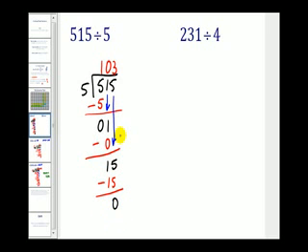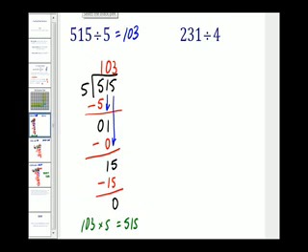And since the remainder is equal to 0, that means 5 divides evenly into 515, and the quotient is 103. To relate this to multiplication, if 515 divided by 5 equals 103, then it must be true that 103 times 5 must equal 515.